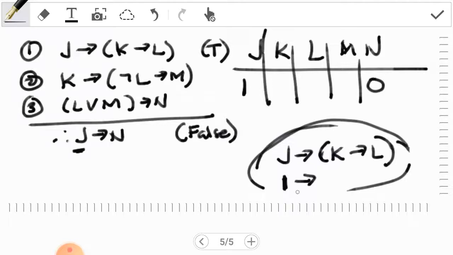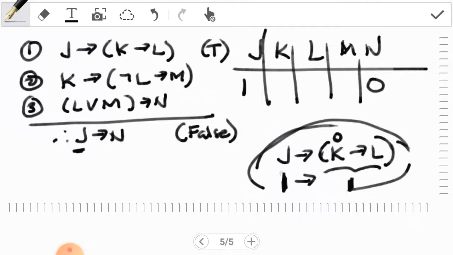For a conditional statement to be true, if the first proposition is true, this entire thing must be true. And for this entire thing to be true, this is again an implication, we can set K to 0. Again, we want J implies K implies L to be true.